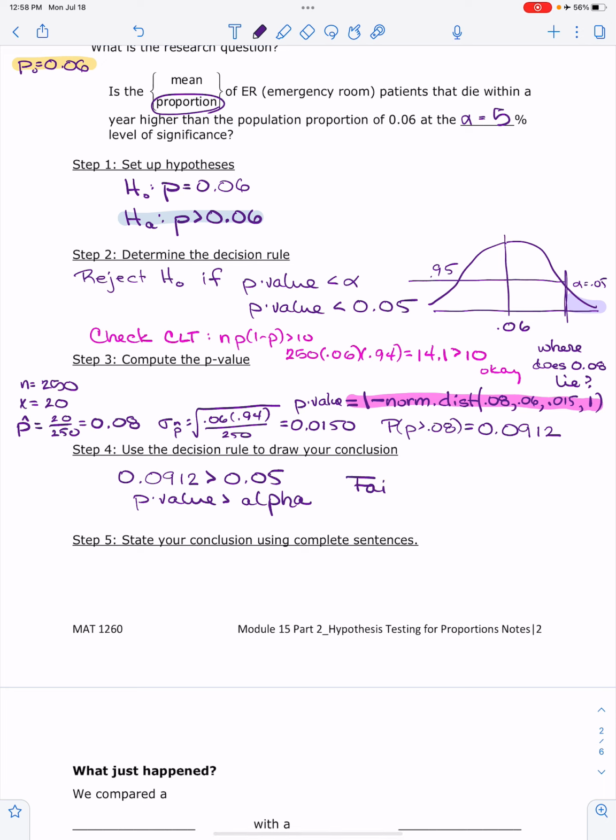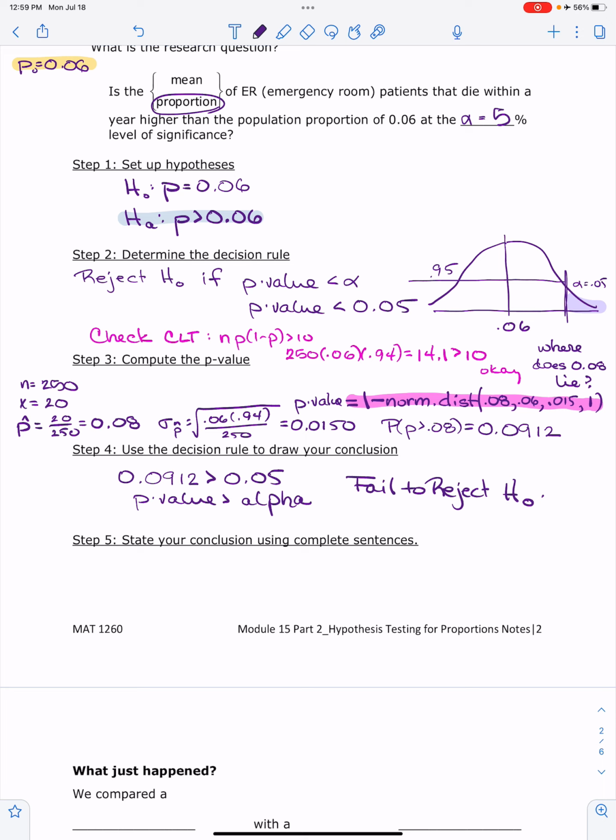So we fail to reject H naught. We're going to state the conclusion. It says use complete sentences, but I'm going to write this in 4 parts instead.